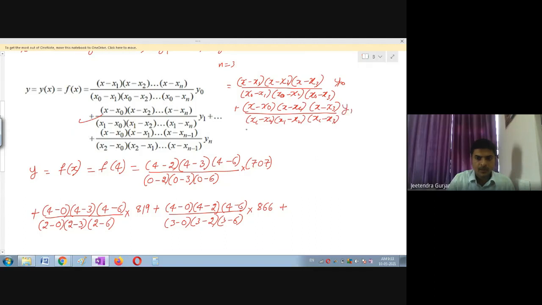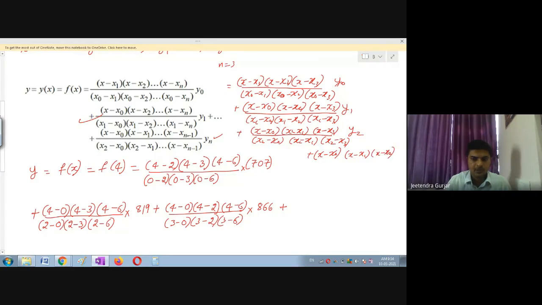This is y1, plus the next term will be x minus x naught, x minus x1, x minus x3 divided by x2 minus x naught, x2 minus x1, and x2 minus x3, y2. You have to continue till y3 because n is equal to 3. So in the last term, wherever n is there you can put 3. So this will be x minus x naught, x minus x1, and x minus x2.